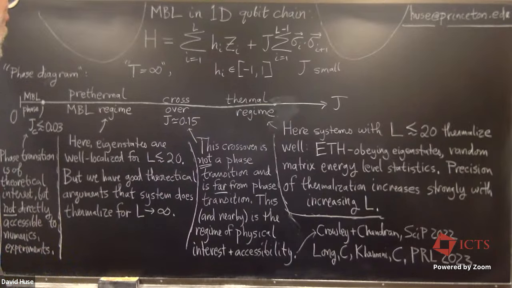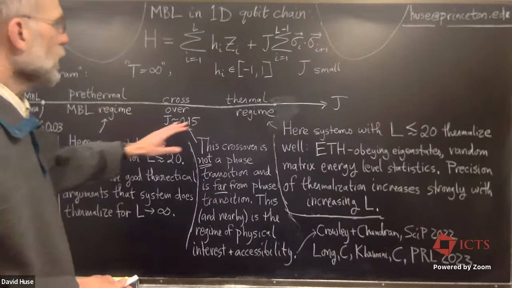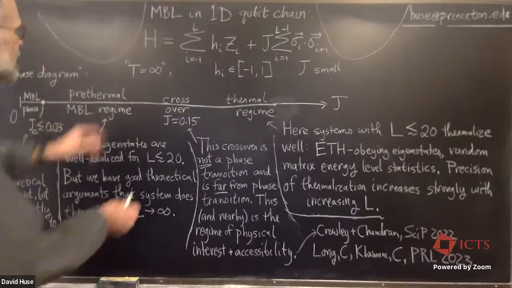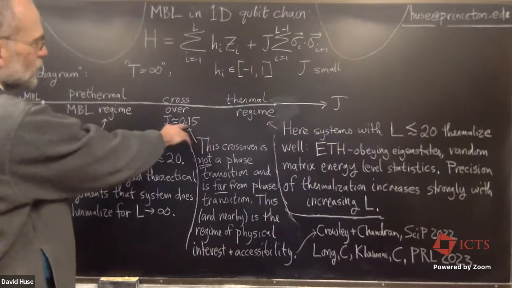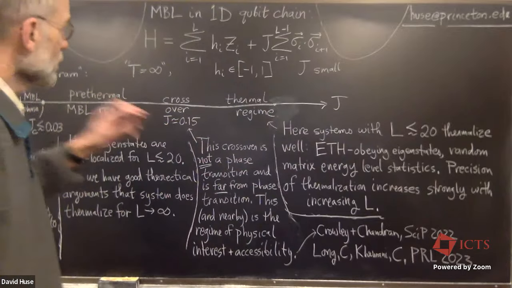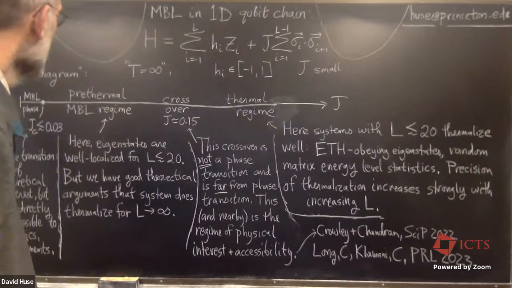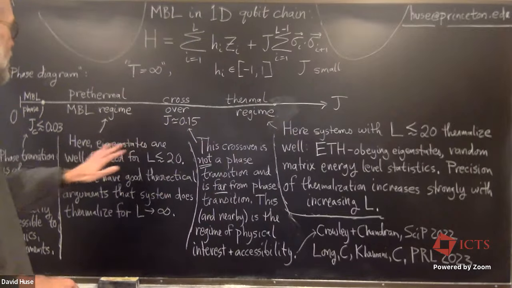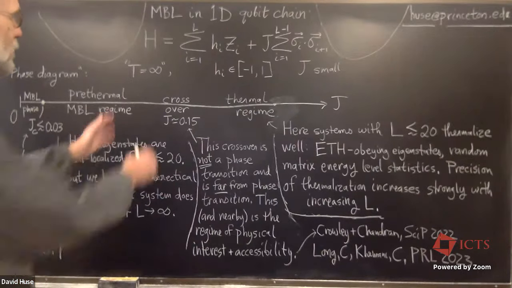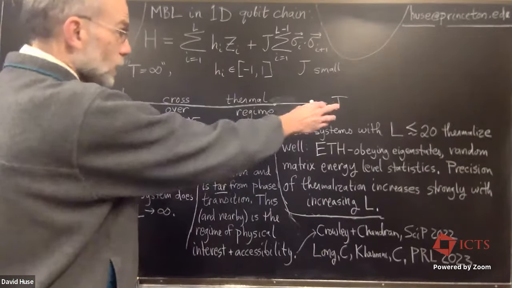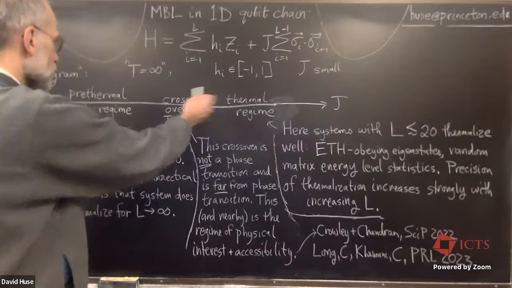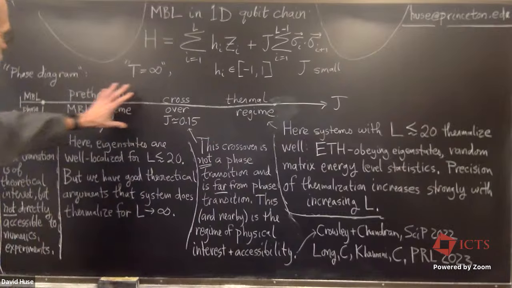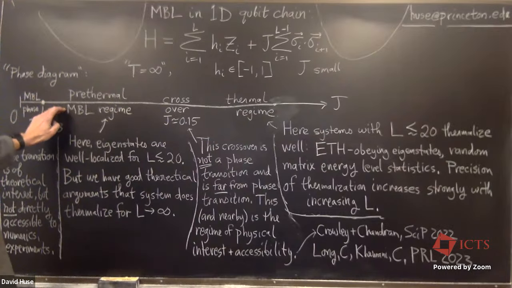Now, when you do the finite size systems, you find that at some point here, which happens to be around 0.15 in this notation, the eigenstates change to being well localized. Of course, we're talking about quite small systems, so there's a broad crossover. We've named this regime the pre-thermal MBL regime.